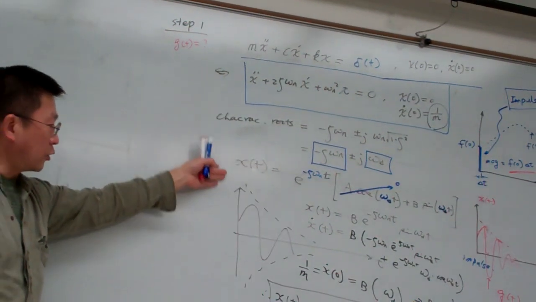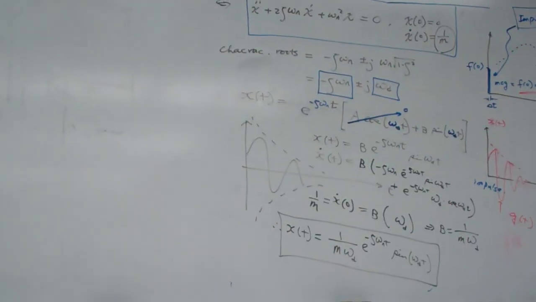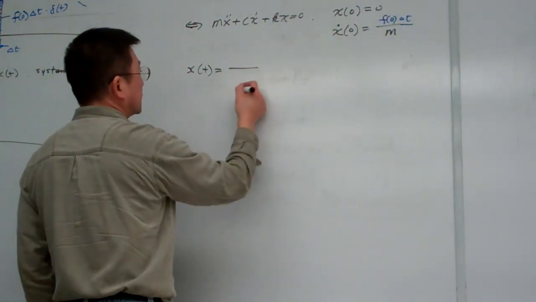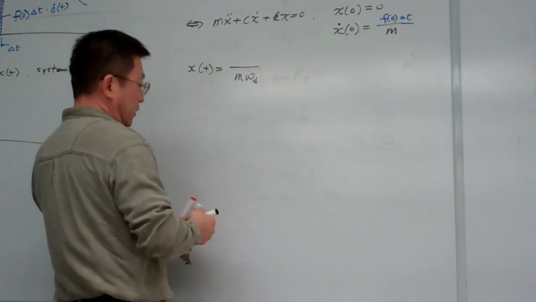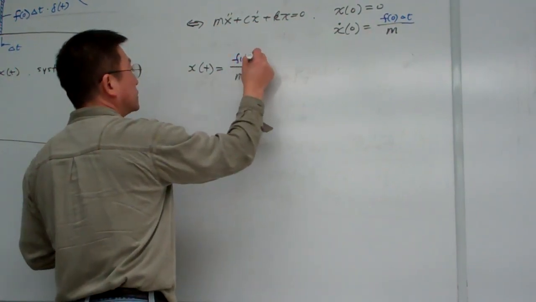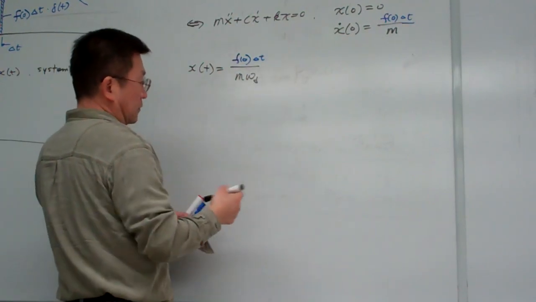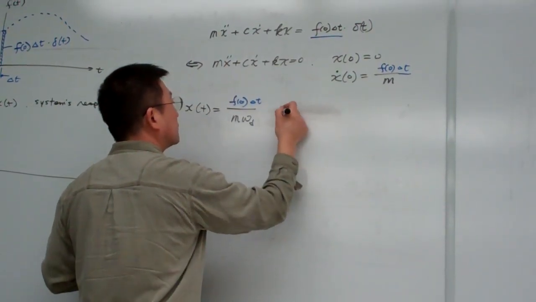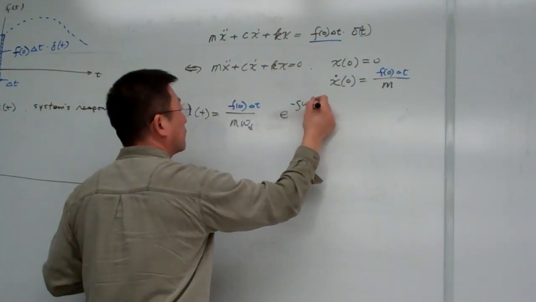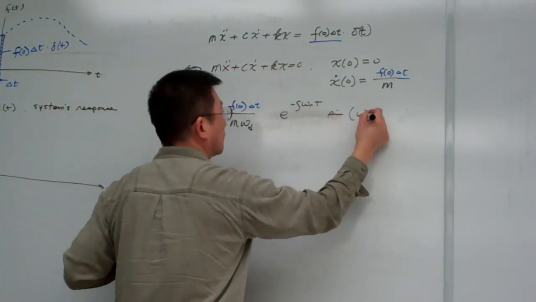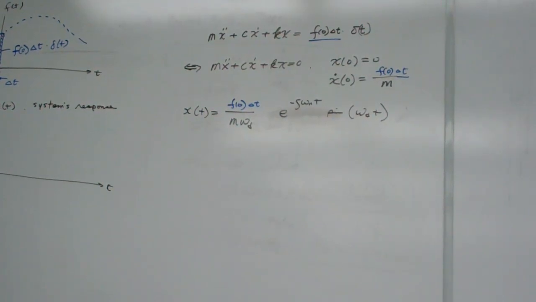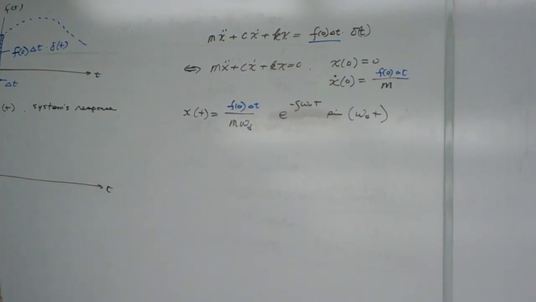If we repeat the whole calculation, eventually we should have a similar result: m omega d, scaled up by the same number, and sine omega d t. You good? Any questions? Good?